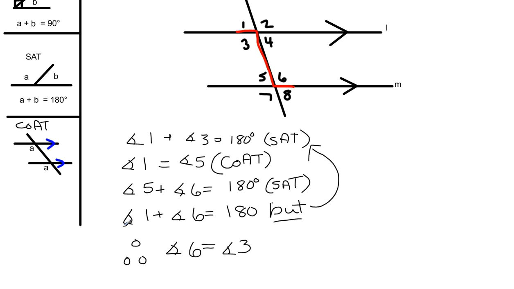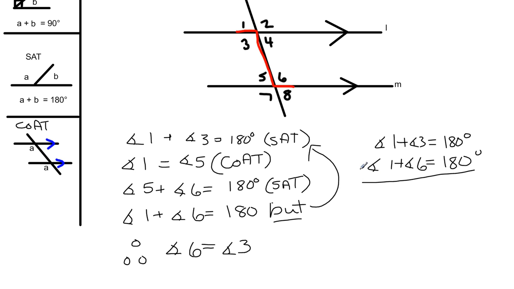There's another way that we can show this using math with these 2 equations. We have angle 1 plus angle 3 equals 180 degrees, and angle 1 plus angle 6 equals 180 degrees. And we can do a whole equation subtraction. We can take this top equation away from this bottom equation. 180 take away 180 equals 0.